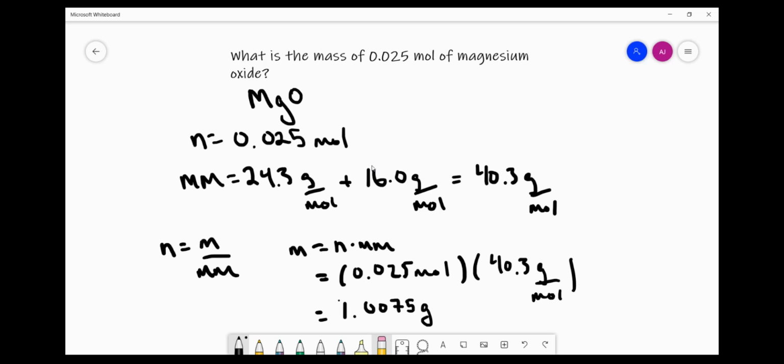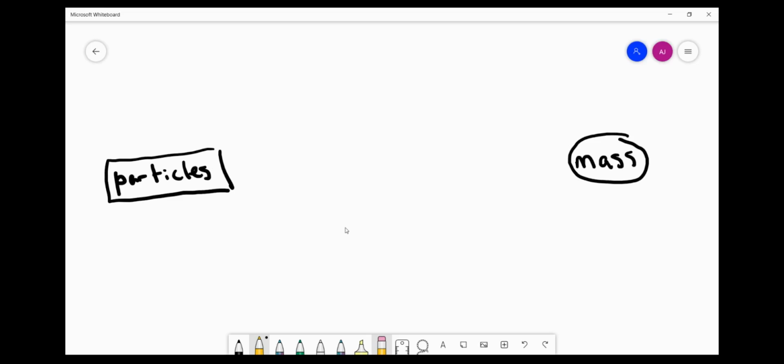So you should be able to, using this equation, solve for any of those three variables by rearranging the mass to molar mass equation. Let's now look at these two equations in a little more of a visual manner. Let's return to the fundamental problem we started off with when talking about the mole concept.